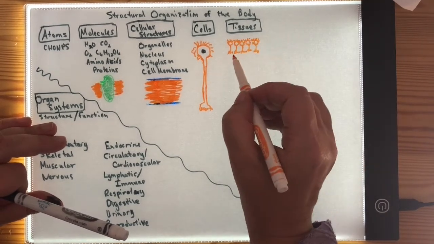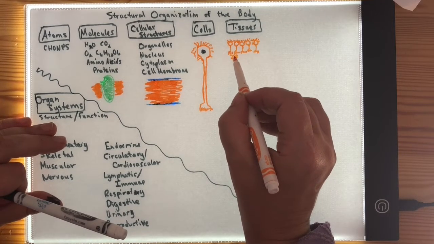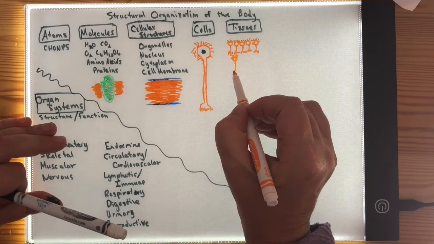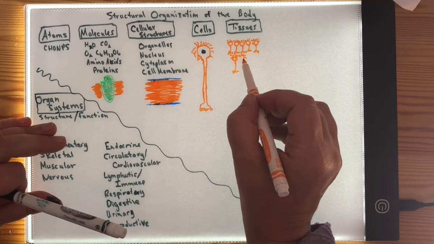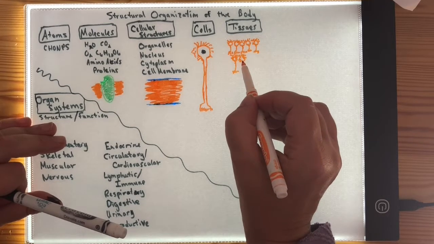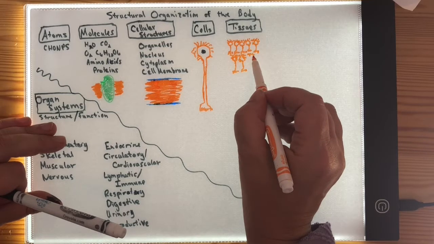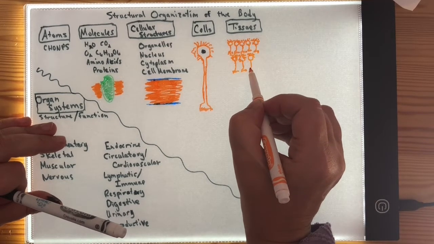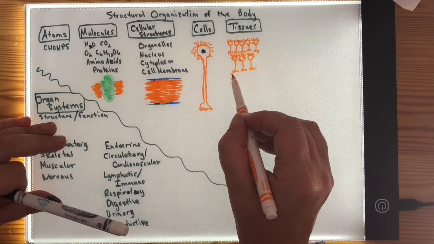Tissues are defined as groups of cells working toward a common function. Groups of cells working toward a common function. It may be more practical, though, to think about tissues being a magnification of the cellular function. So a single cell will do just a tiny, tiny little thing because cells are microscopic.